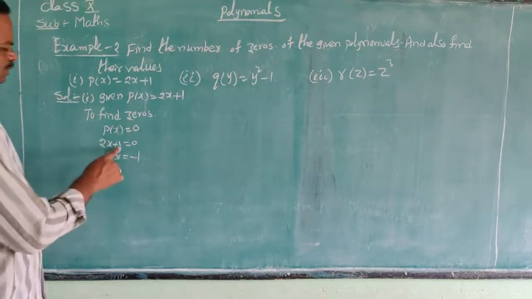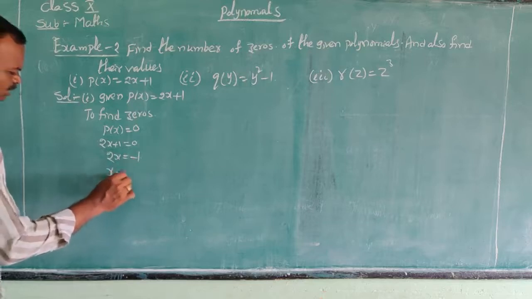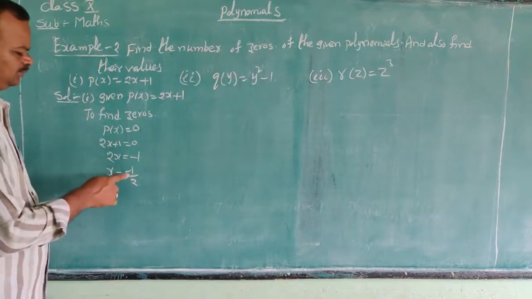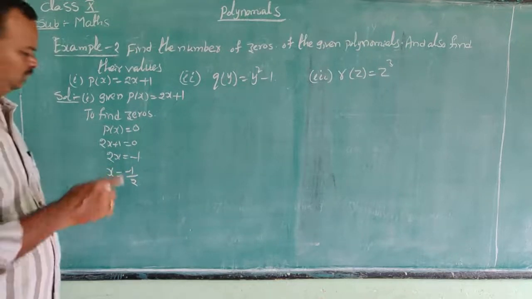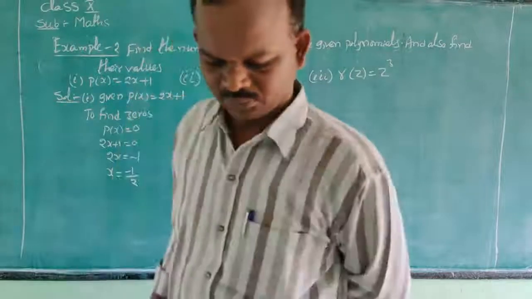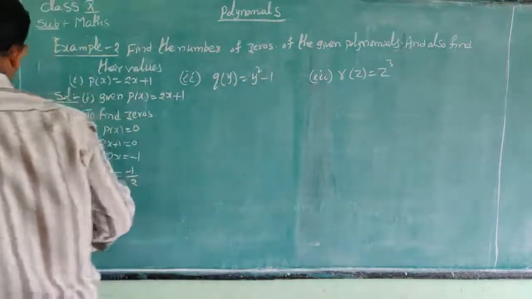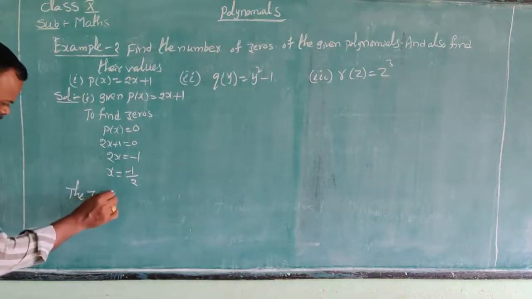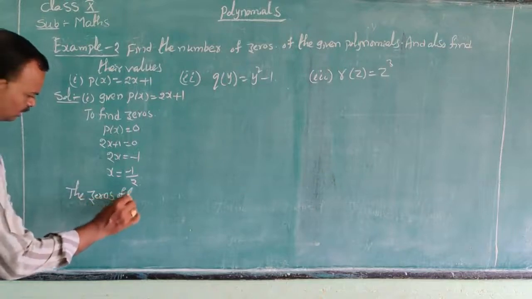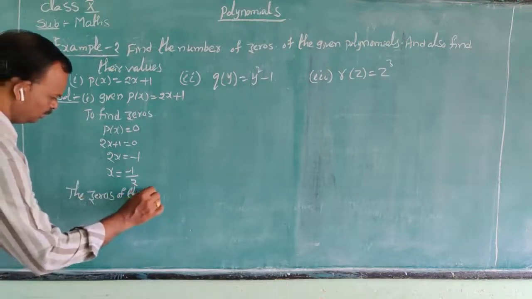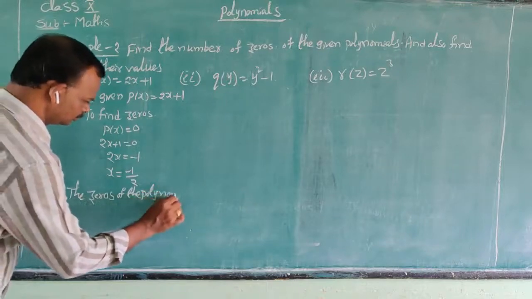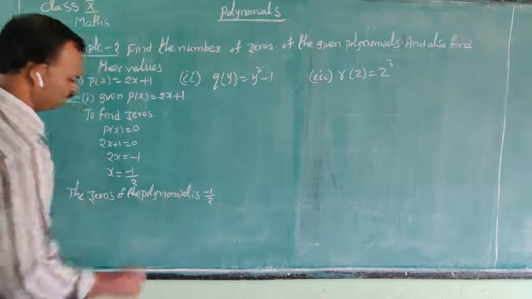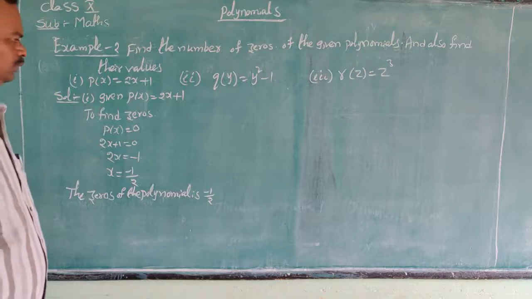We are transposing plus 1 to minus 1. Here 2 is multiplying, so transposing it, it is divided. Therefore x is equal to minus 1 by 2. The zero of the polynomial is minus 1 by 2.